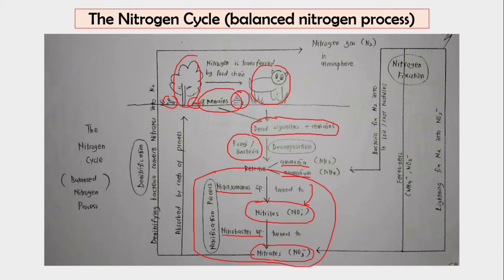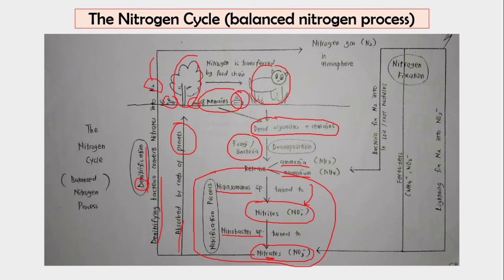These nitrates will be absorbed by the roots of plants. Okay, and at the same time, the nitrates will undergo denitrification by denitrifying bacteria, which convert nitrates into nitrogen gas.